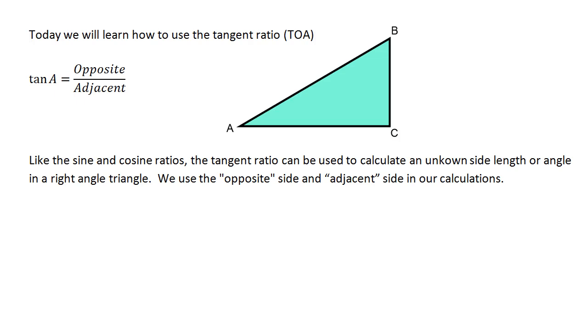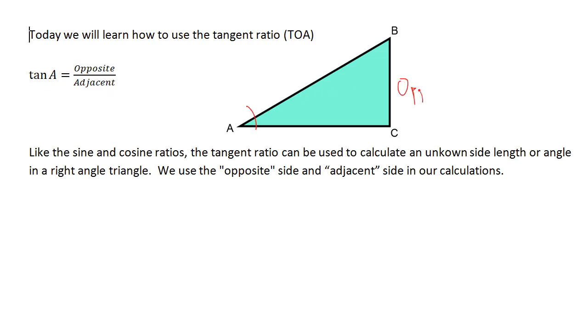So once again, looking at this triangle, which side is which? Well, if we're talking about angle A, which is this one right here, this is going to be our opposite side. This is going to be our hypotenuse, because hypotenuse is always the longest, and this one must be adjacent. So tangent of angle A is opposite divided by adjacent.